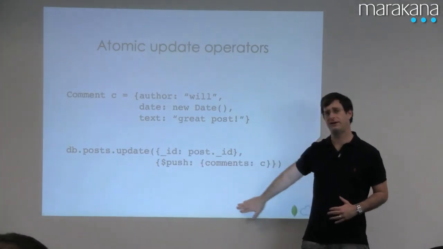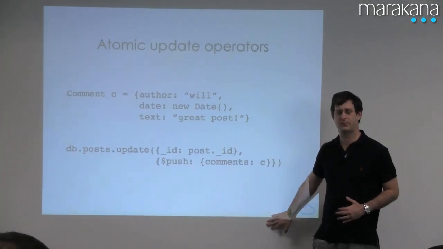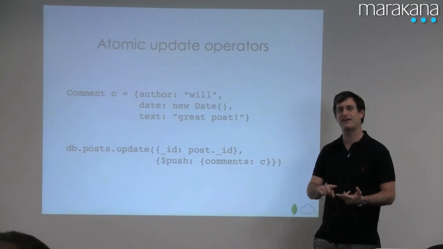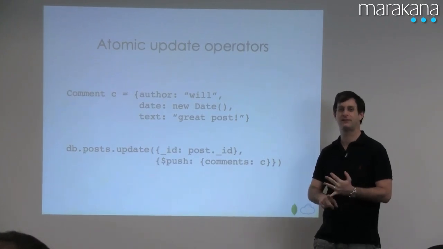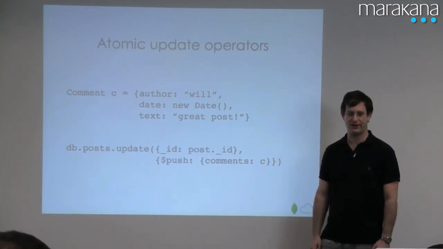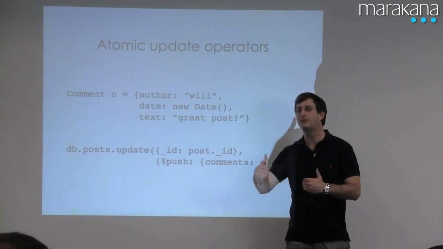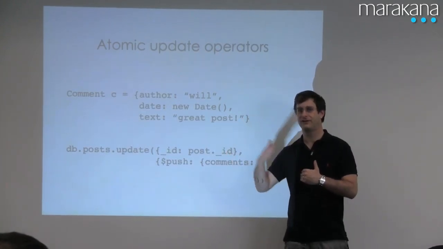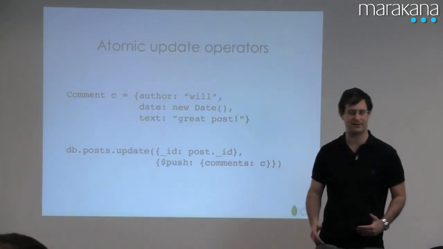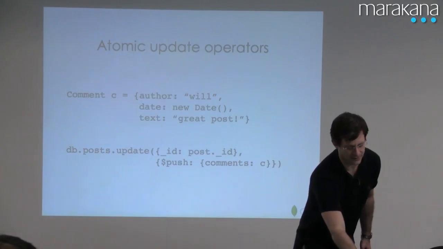This is just one of the atomic operators that MongoDB supports. It's like putting something onto a list, adding a property, removing a field, basically everything you could want, or mostly everything you could want. It doesn't support multiple operations in a transaction, and I'll talk a little about that in a minute, but atomic operators it does support.